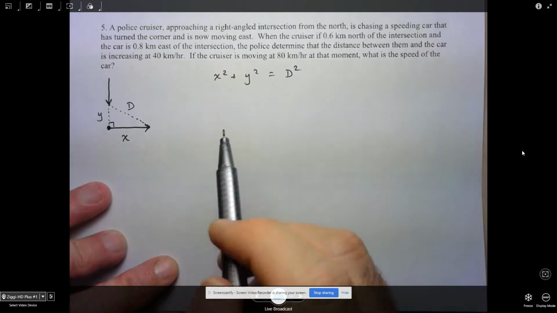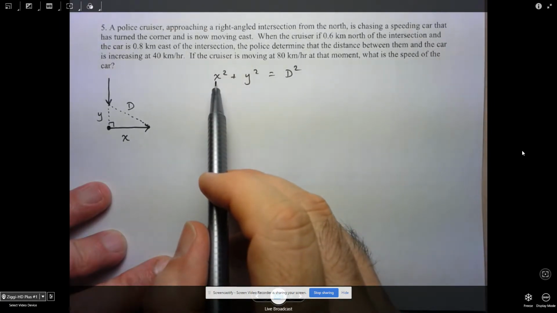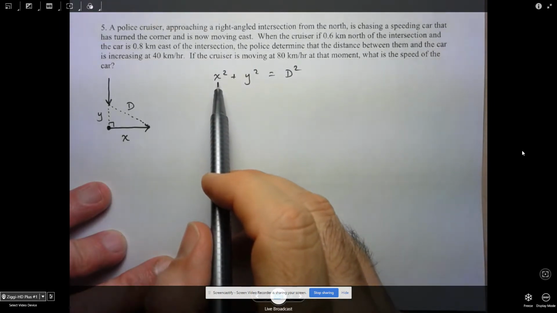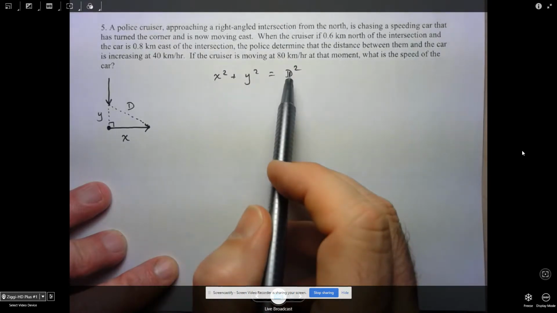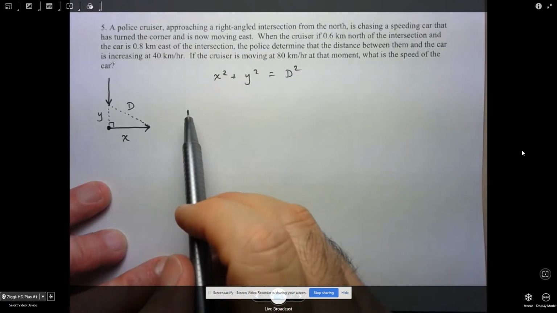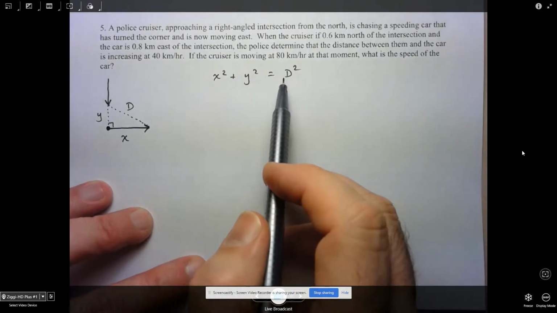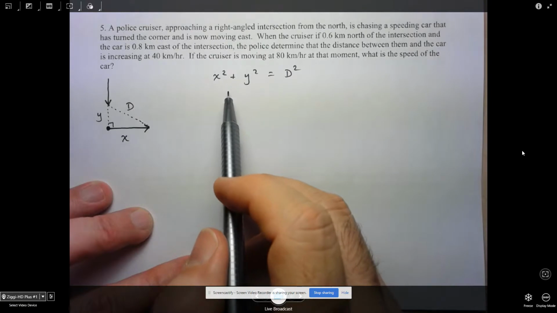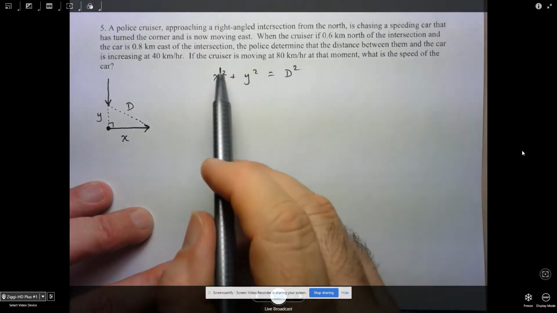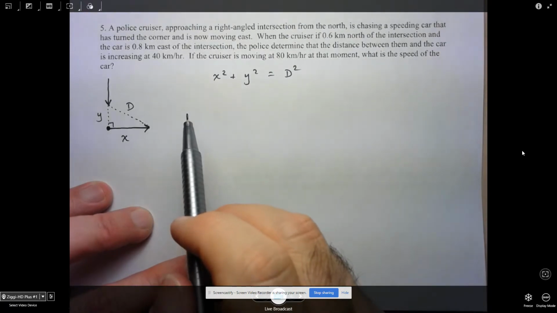Since I'm looking for the derivative of this expression, I certainly could simplify and solve for x. I'm not going to do that because I'm able to differentiate implicitly instead of using the derivative of an explicit function. I'm going to take the derivative implicitly. It'll make it a little nicer.